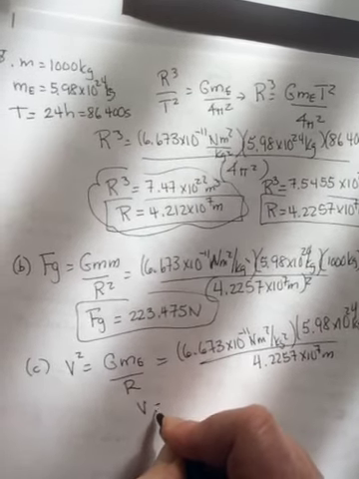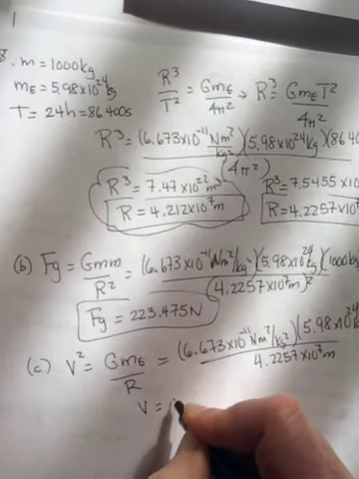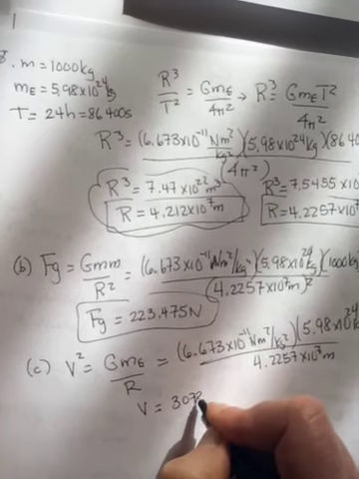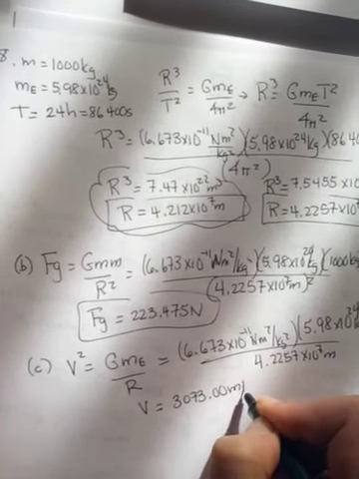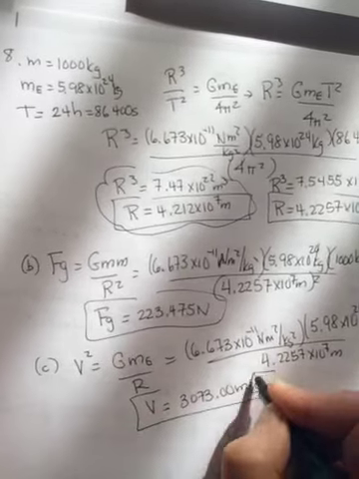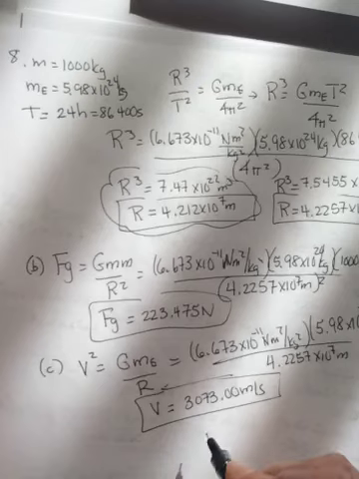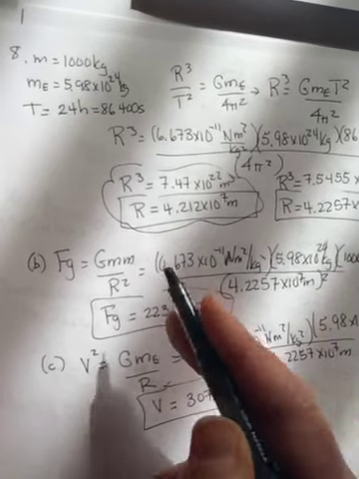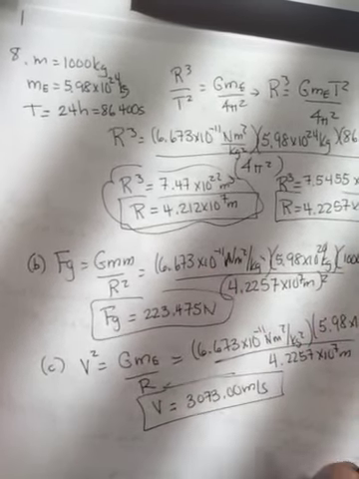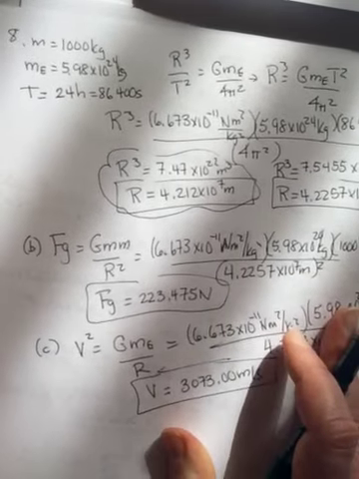Don't forget to take the square root, and you should get 3073. You could have also done v is equal to 2 pi r over T, because you have both the r and the T. They'll all end up very close to this, a little bit different just because of the rounding of masses or radii, but within the same ballpark.